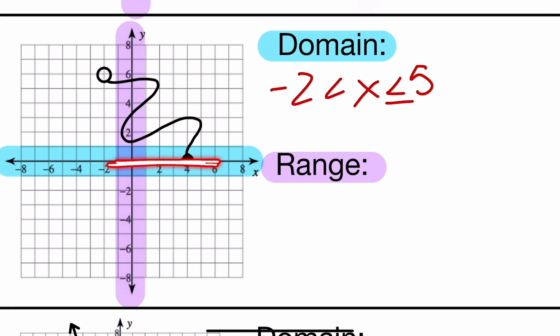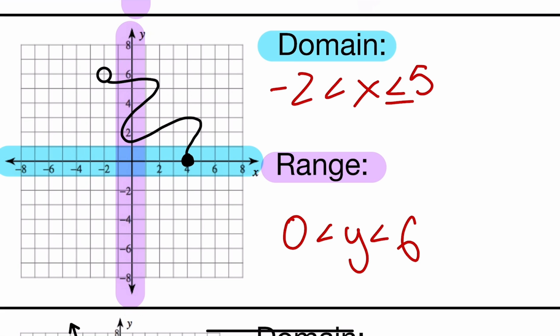That's at 0. I need a y. And then for the next one, that's going to be the top, and that's at 6. Once again, our 0 is going to have a line underneath it. So that is our range for this function.